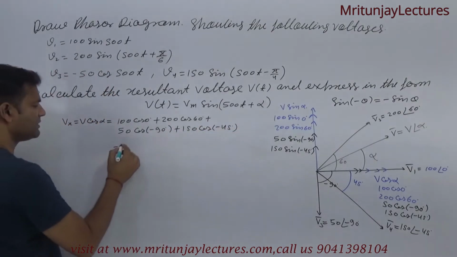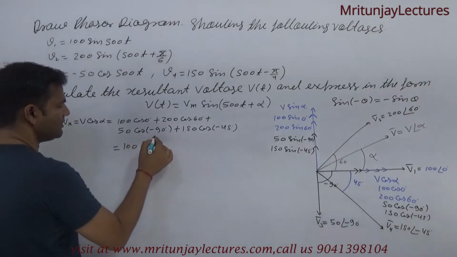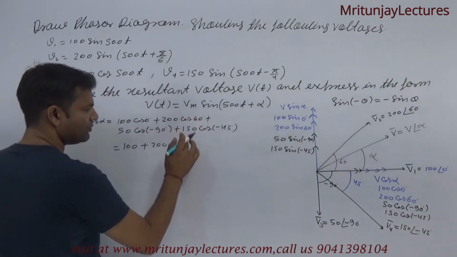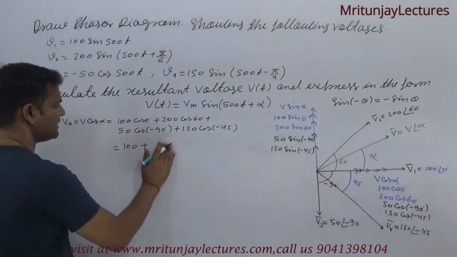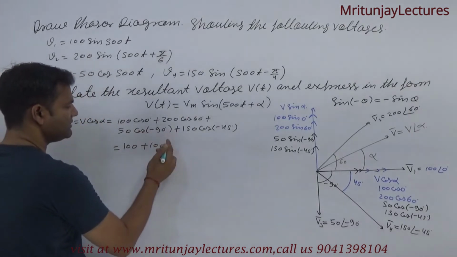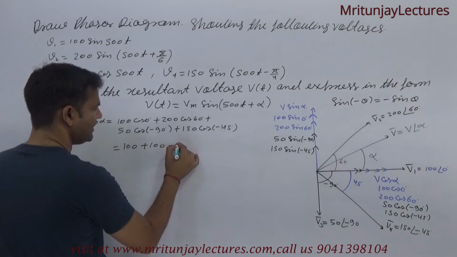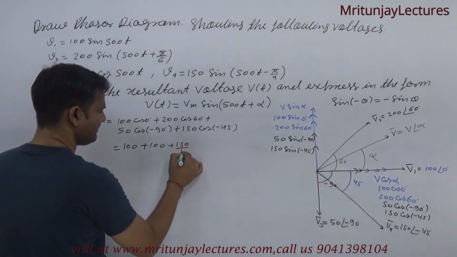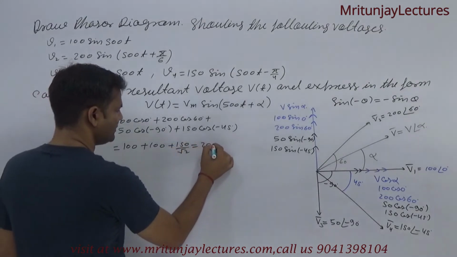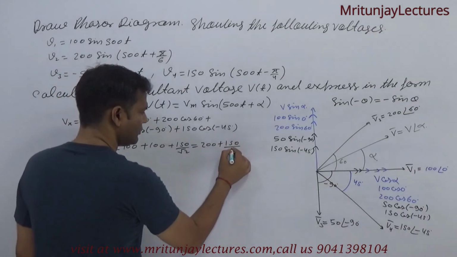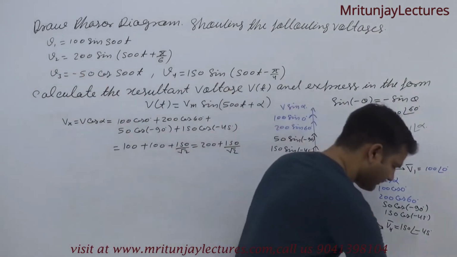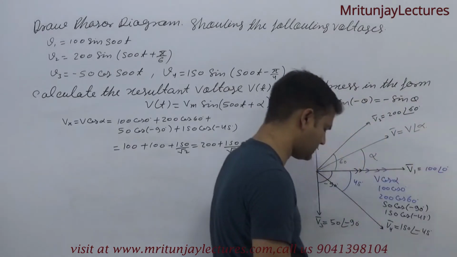So the resultant of this one: this is 100, 200 by 2 is 100, and cos 90 is 0, so plus 150 by root 2. So 200 plus 150 by root 2. With the help of a calculator, determine these values.